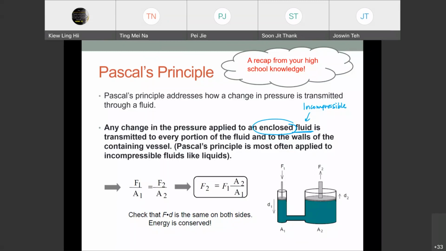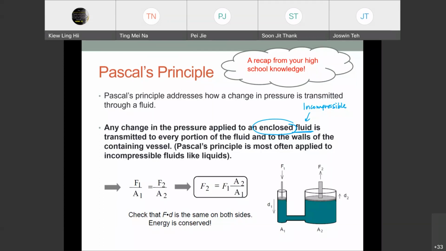All right. So when the fluid is incompressible, in chemical terms, it means that the atom arrangement is quite concentrated together, just like solid, you cannot press it to change the shape, right? So for certain fluids, when the atom arrangement is quite close together, you also cannot compress it.